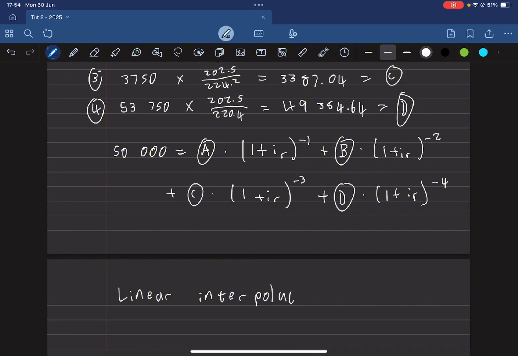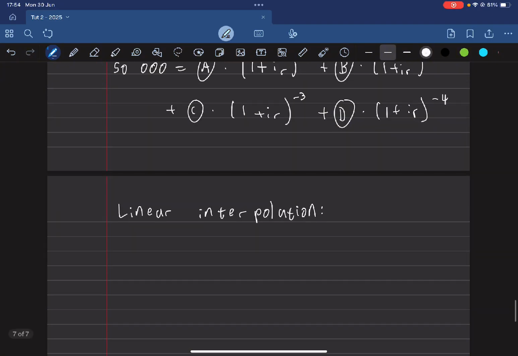Okay, so I'll write out the general formula for linear interpolation. To get your next interest rate guess, you take I1 plus the net present value at I1, divided by the net present value at I1 minus the net present value at I2, all multiplied by I2 minus I1.